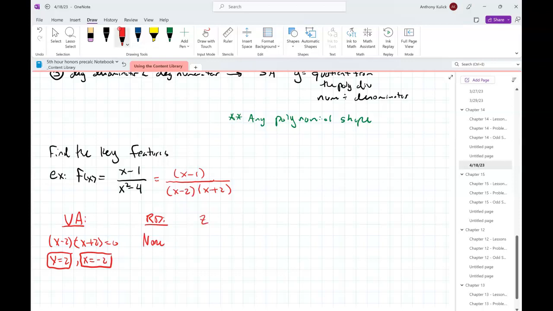Okay. How about zeros? How do I find those? Numerator equal to 0. And since there are no removable discontinuities, there's really nothing to check against. I know that whatever I found is my zero.